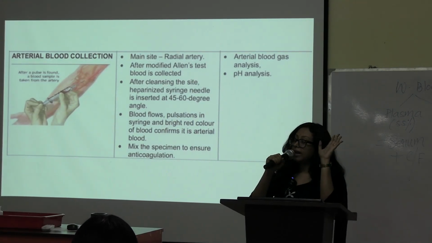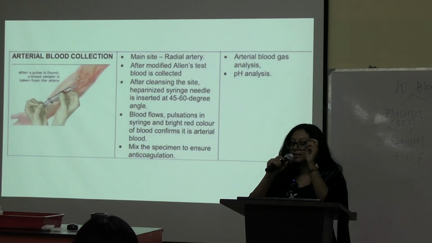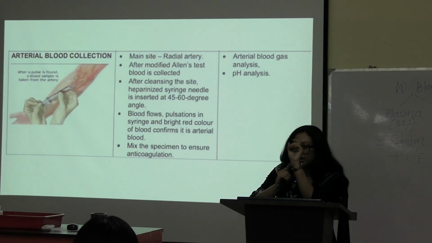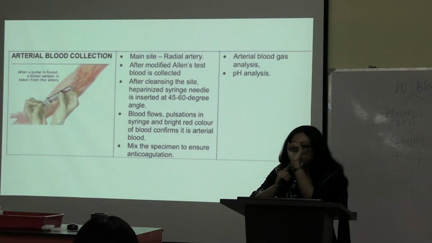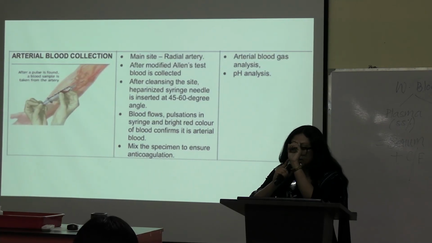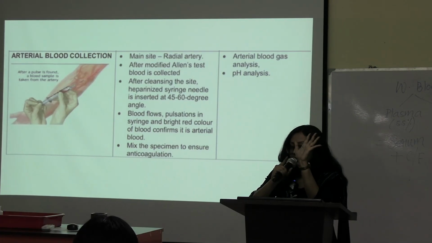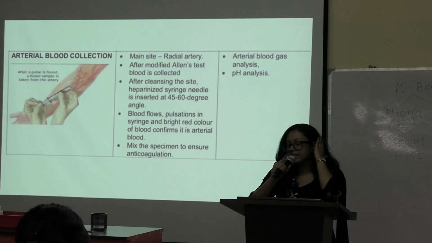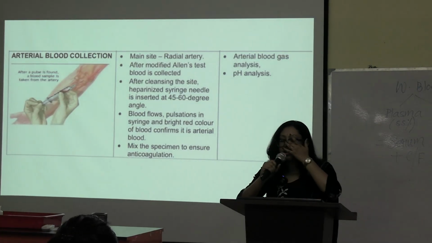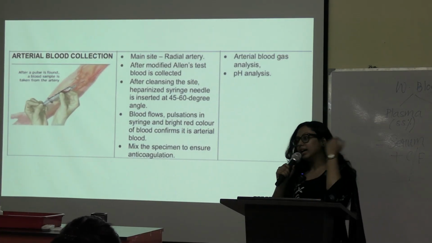For any arterial procedure, the main artery here is the radial artery, so you have to know whether the radial artery is working properly or not. So for knowing the patency of the ulnar arches, you will do the modified Allen's test. Just remember the name. Modified Allen's test is done before any arterial procedure to check the patency of the ulnar arches.